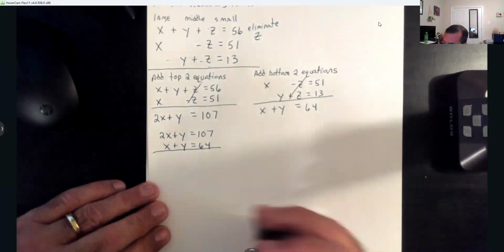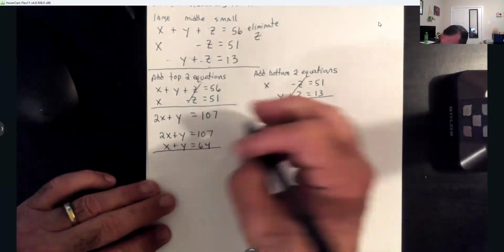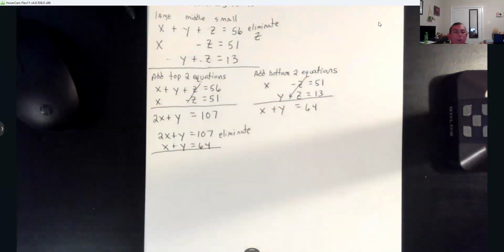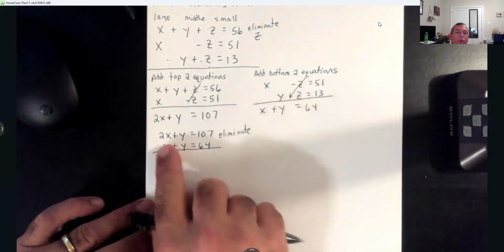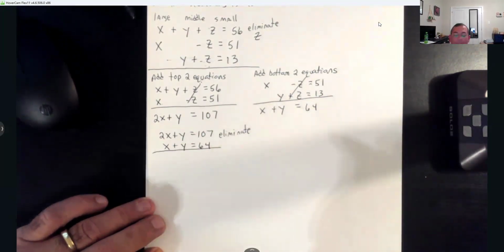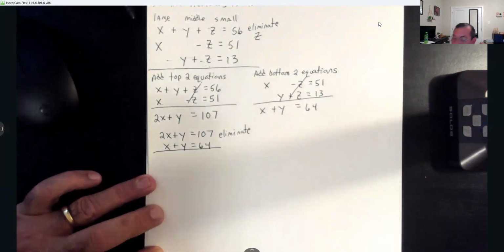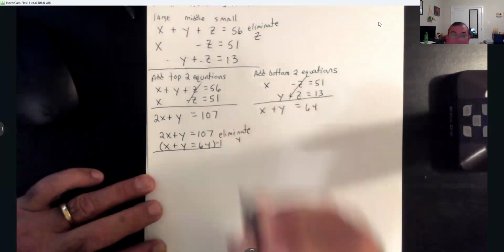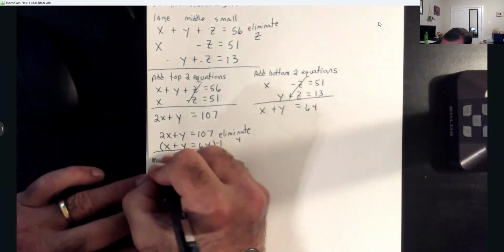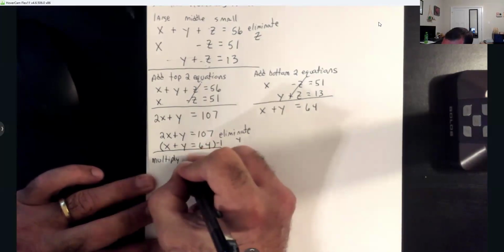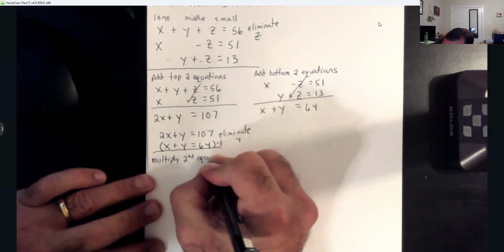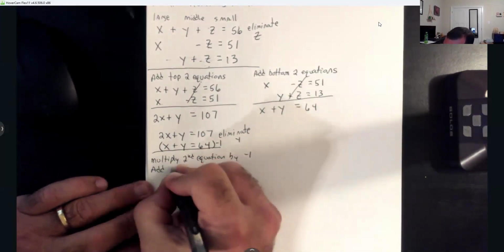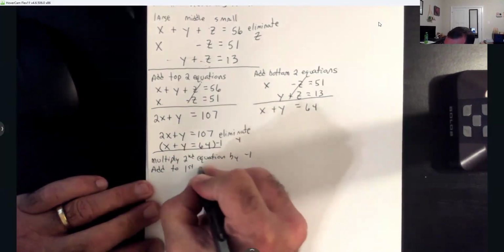On this one, looks like we're going to eliminate the y, or we could eliminate the x's. Either one of these will eliminate really quick. So I will do what you got, Jackson. I'm going to eliminate the y. So I'm going to multiply the second equation by -1, and then add it to the first equation.